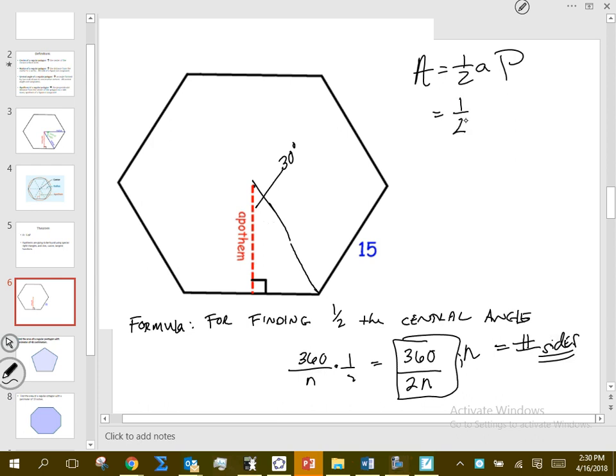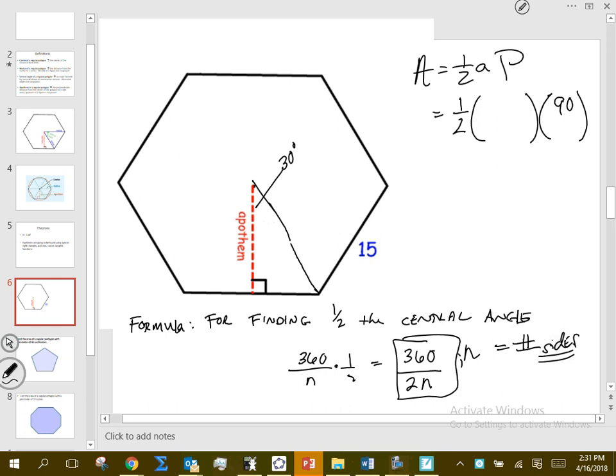Do we know the apothem length yet? No. So I'm going to leave a spot there. I don't know that yet. Do I know the perimeter? Yes. Now, it's not explicit. You've got to do a little bit of work, right? 15 times 6 is 90. So put 90 there. Now that just tells me I've got to find the apothem.